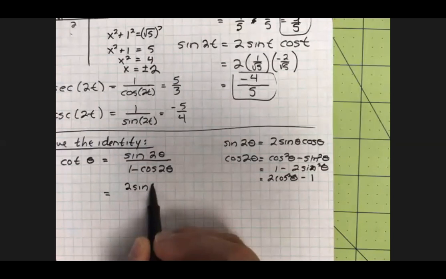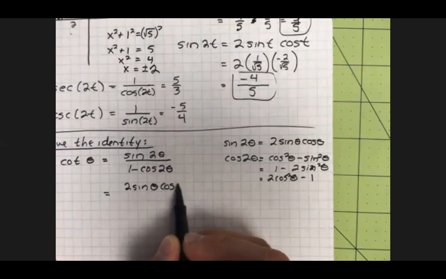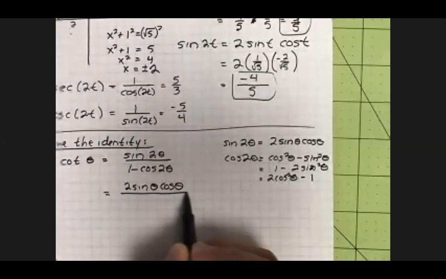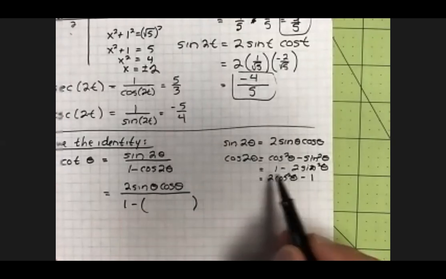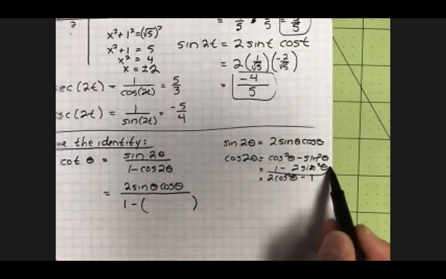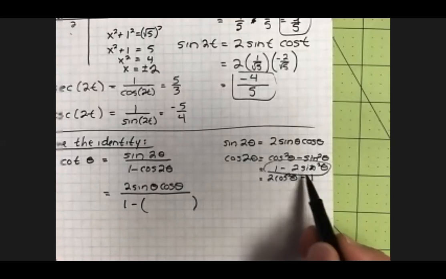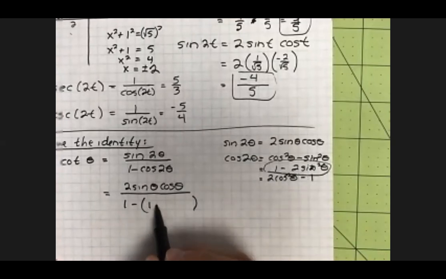I've already replaced the top with 2 sine theta cos theta, right? What would make the bottom simpler? I see this 1 here, minus. I think about this form right here. If I put that in there, I would get rid of the 1.